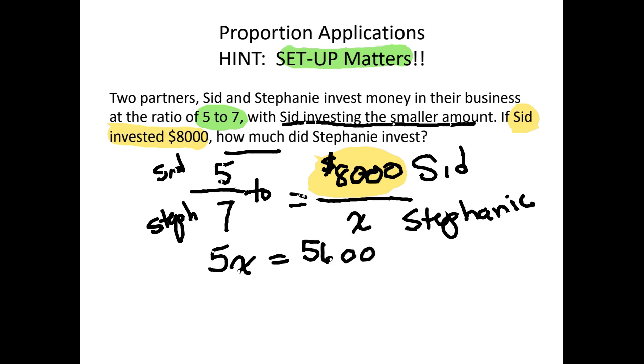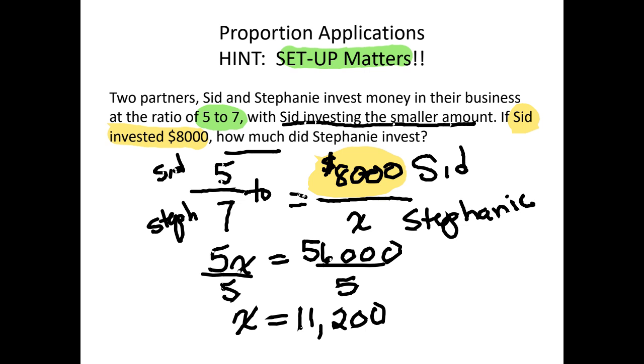Divide by 5. Now x is going to give me $11,200. Stephanie invested $11,200.